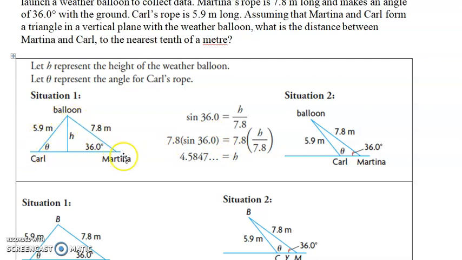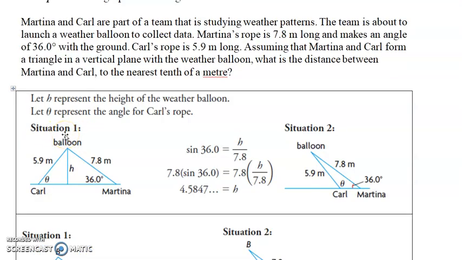Both ropes are the same length. There's still a 36-degree angle between Martina and the ground, the angle of elevation, which is very interesting. So what we do is we calculate the height here.